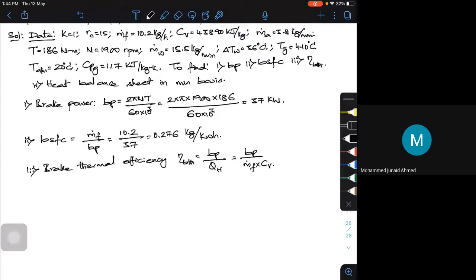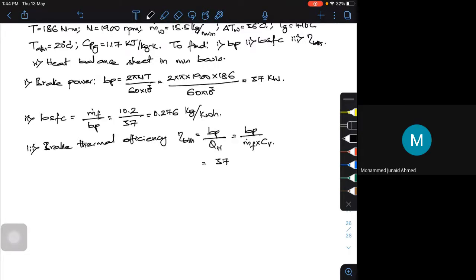So here if I substitute, brake power is actually 37 kilowatts, so that is 37 into 10 to the power of 3. Mass flow rate is 10.2 kg per hour divided by 60 into 60 to convert it to kg per second, into 43,890 into 10 to the power of 3.